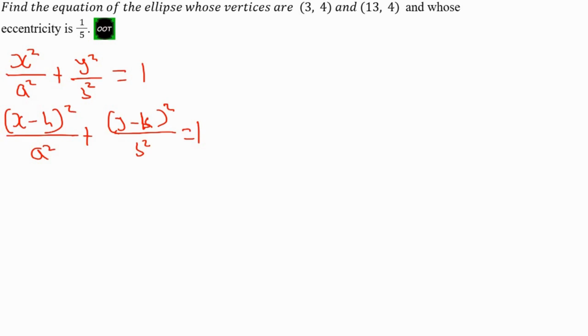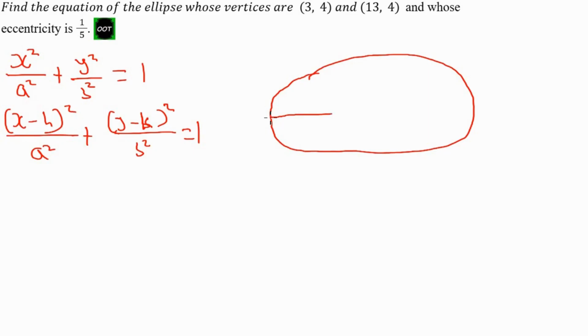When we have two coordinates, we can determine the coordinate of the midpoint of the line segment joining the two coordinates. Now remember, let me show you an actual illustration of what I'm saying. This is an ellipse, for instance. We said if it is horizontal in nature, this point and this point are the coordinates of the major vertices.